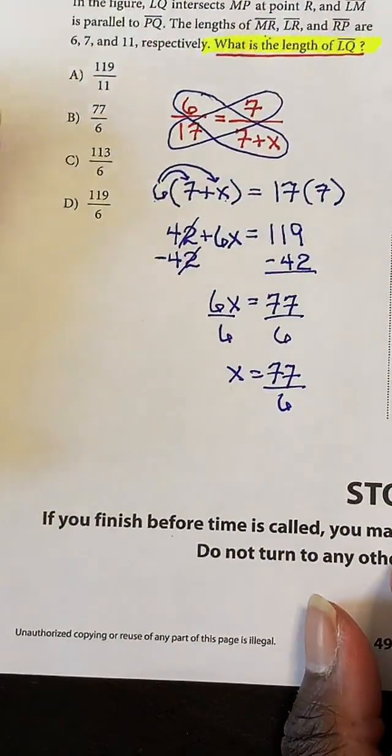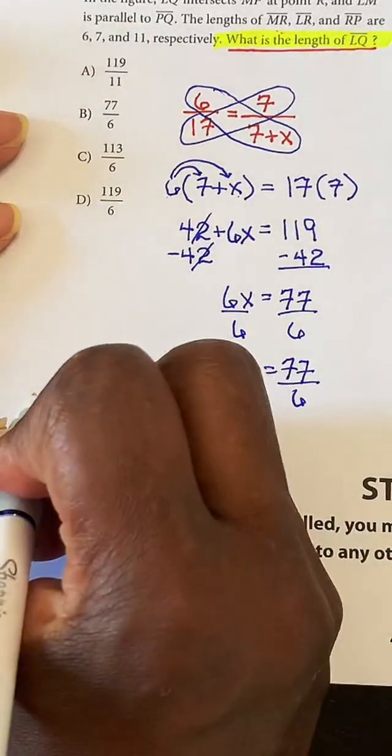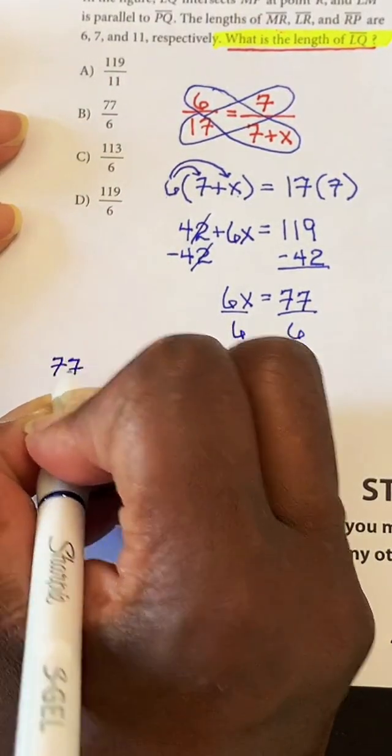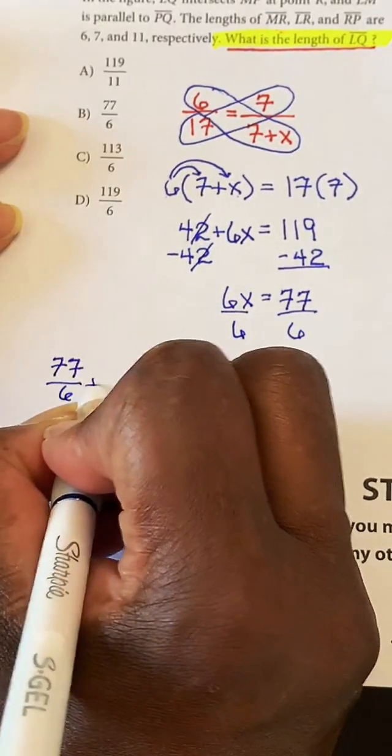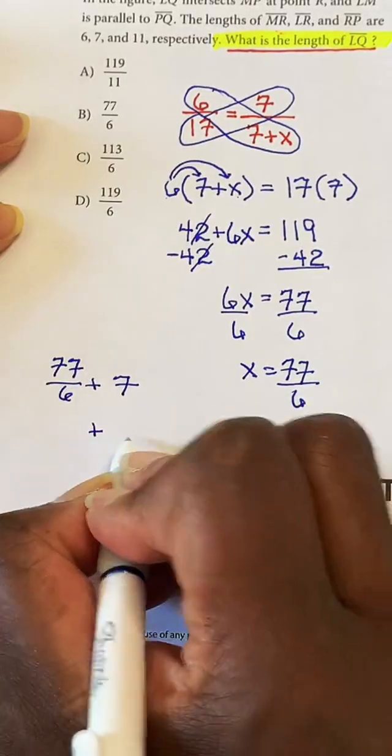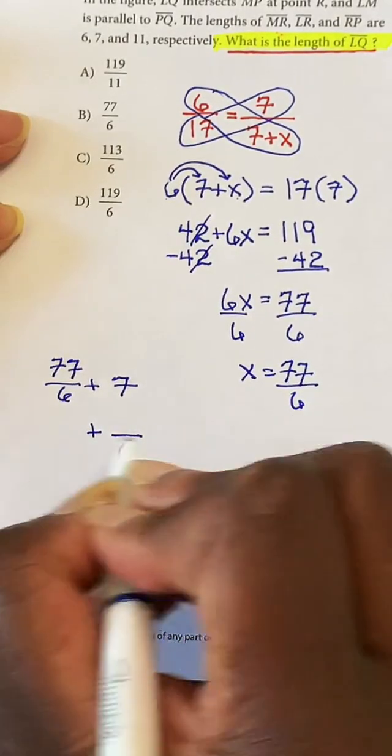So that means we need to take that answer of 77/6 and we need to add 7 to it. But for that 7, we need a common denominator of 6.